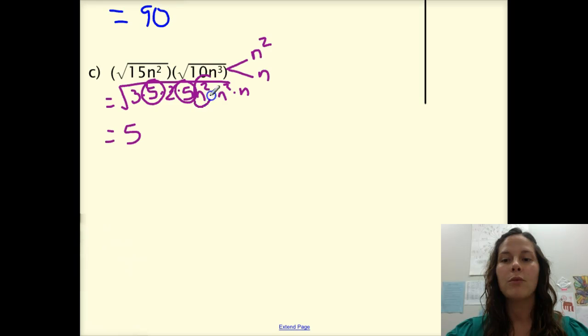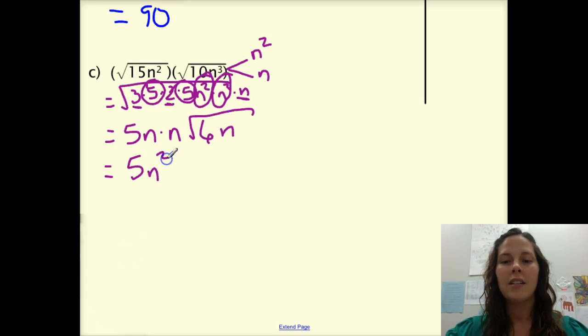The square root of n squared is n, and everything else is an unperfect square left under the radical. 3 times 2 gives us 6 times n, and on the outside we'll simplify that n times n as n squared.